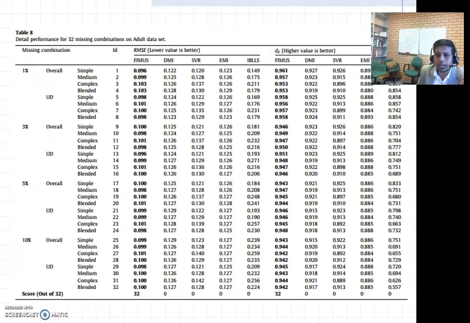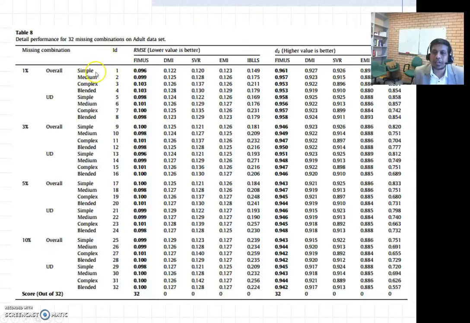Then we could use two different missing models, overall or uniformly distributed. Overall means overall 1% of values are missing, whereas uniformly distributed means each of the attributes has exactly the same number of missing values.